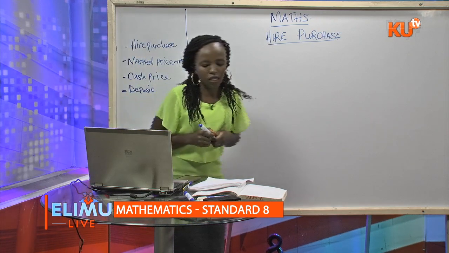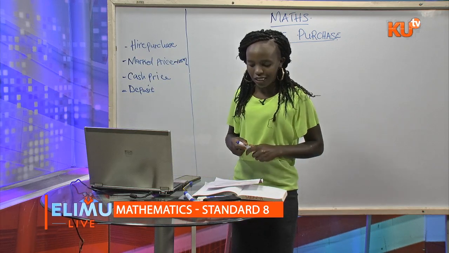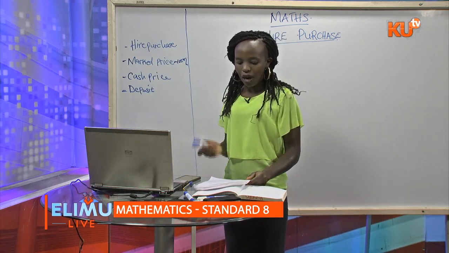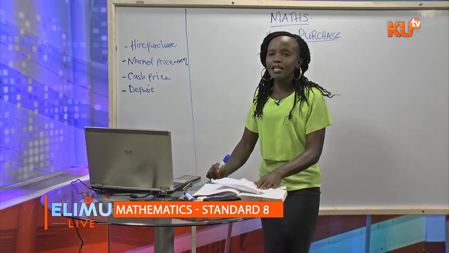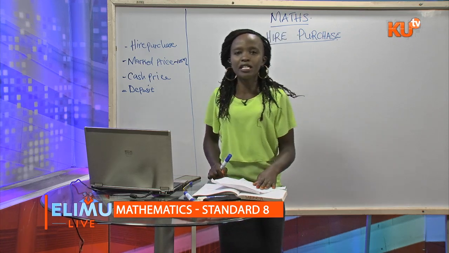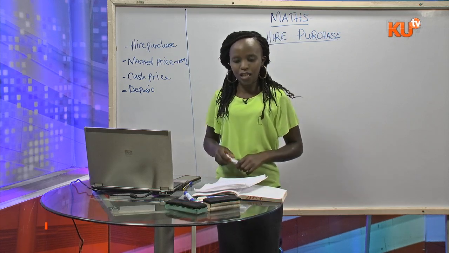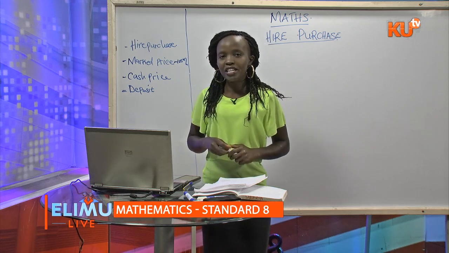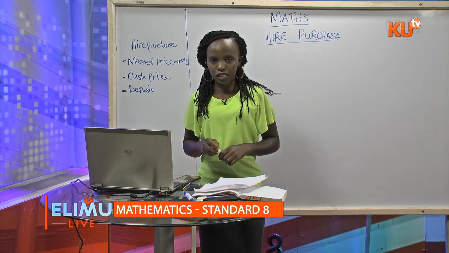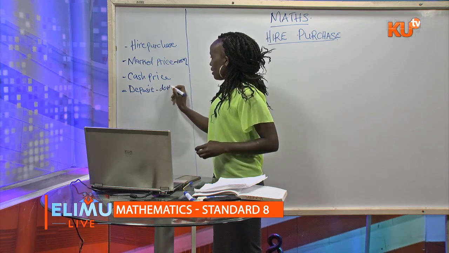Once you agree to buy, or once the trader agrees to sell to a buyer on hire purchase terms, there's that amount of money that a buyer pays first. It is also called the down payment. The money that you pay first, that's what we call the deposit, though some traders may not even ask for this deposit.